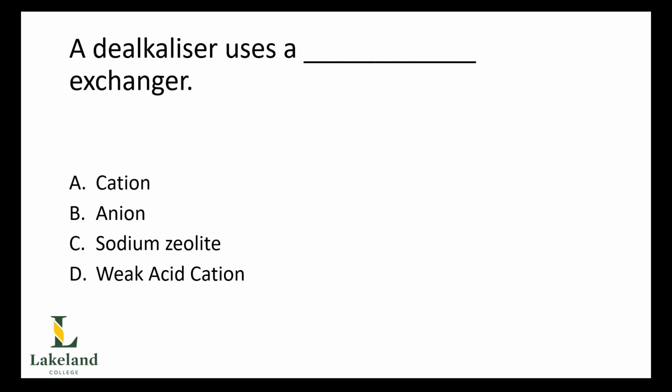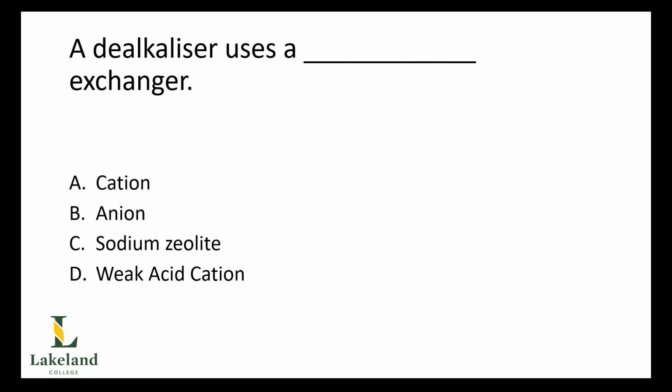Next one. A dealkaliser uses a something exchanger. Is that a cation, an anion, a sodium zeolite, or a weak acid cation? Bit of a nasty question, this one. Well, first of all, what kind of exchanger is used in figure 10? It's a hydrogen zeolite unit. What is a hydrogen zeolite? Is that cation exchange or anion exchange?